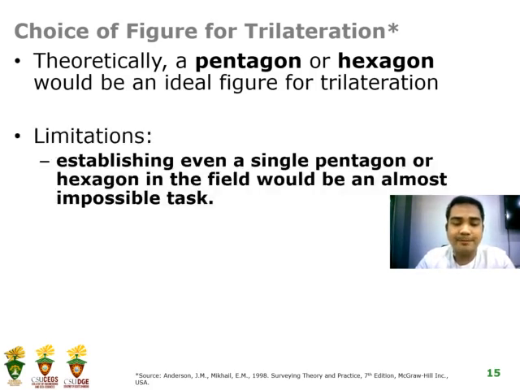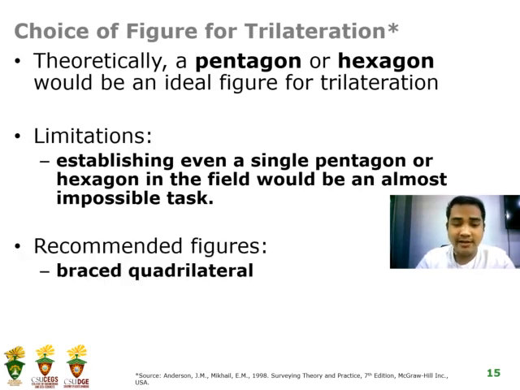But ang iyang limitation is establishing even a single pentagon or hexagon in the field would be an almost impossible task, diba? Magisod magitagkuha sa perfect na square o perfect na triangle, so usa na lang kaning pentagon o hexagon. So nai-recommend na mga figures for trilateration.